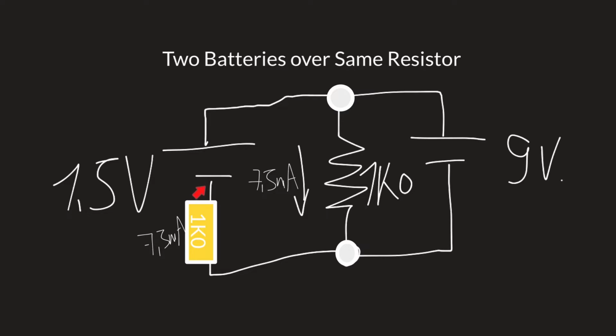So how else could these 7.5 exist? Basically, when we have 7.5 milliampere over this resistor here in the middle, that's a drop of 7.5 volt.